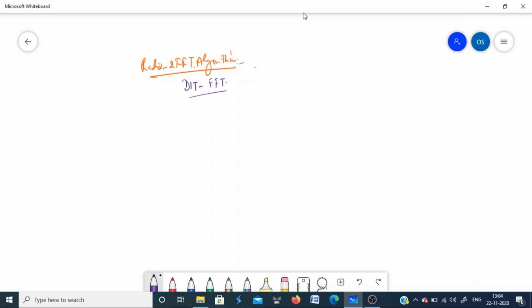Okay, so we have seen that when you compute the N-point DFT, the N-point DFT is basically computed using N by 2 point DFTs using the two equations.